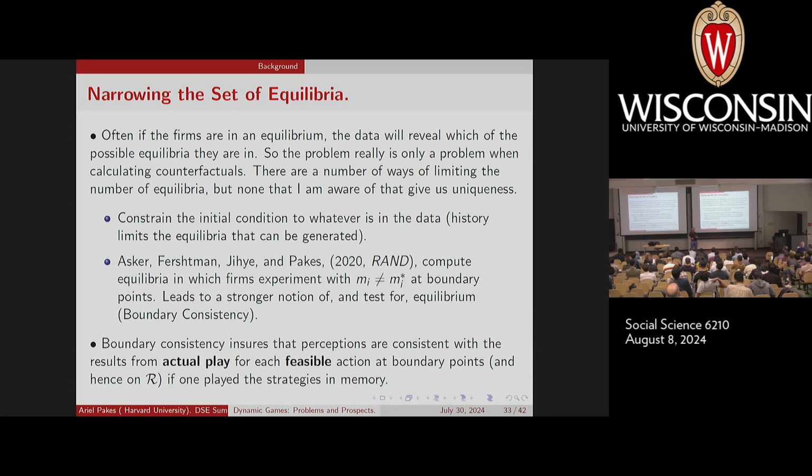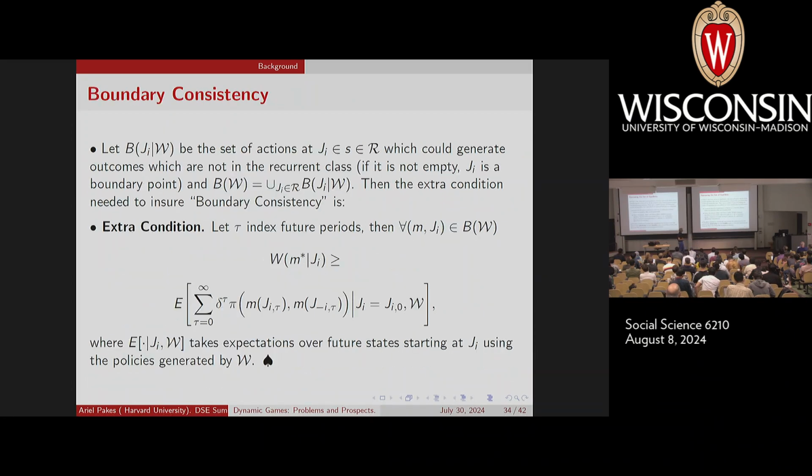That's a harder computation to check, but it's doable. So the extra condition for boundary consistency is that you have to check the boundary points: W at M star is greater than my perception of the expected discounted value at that boundary point.